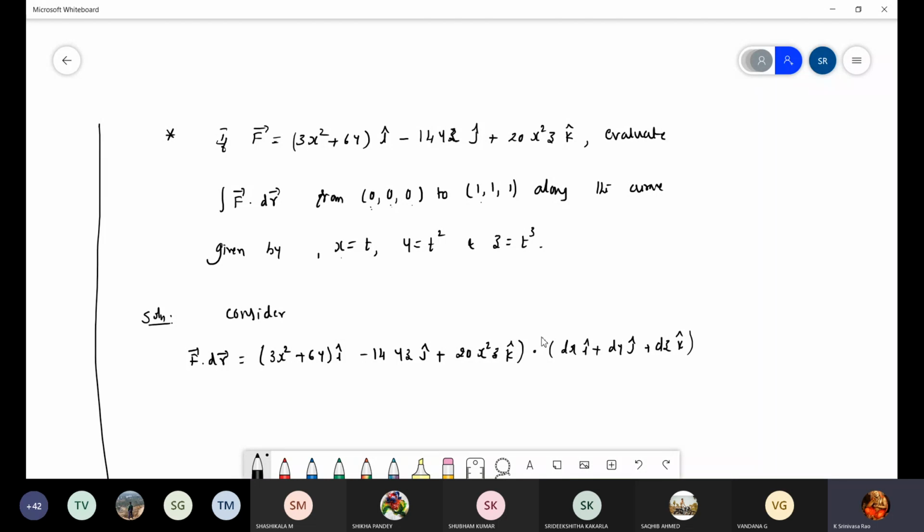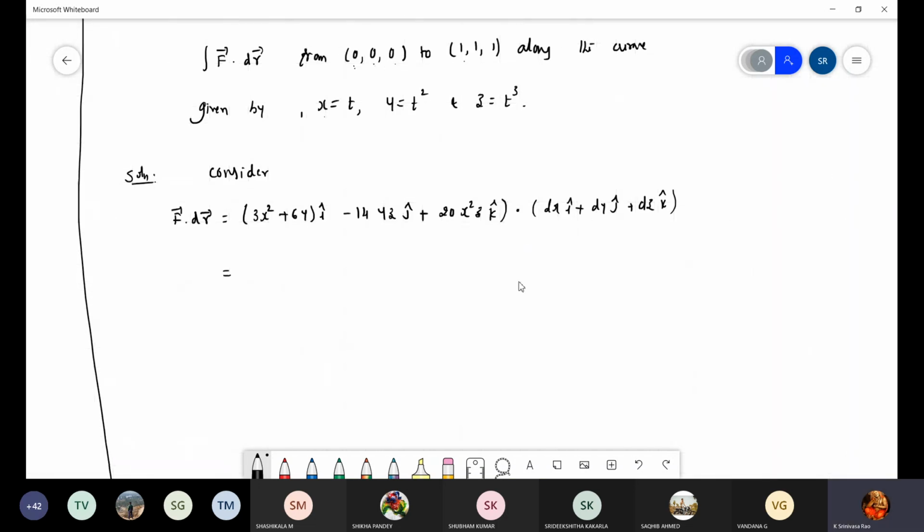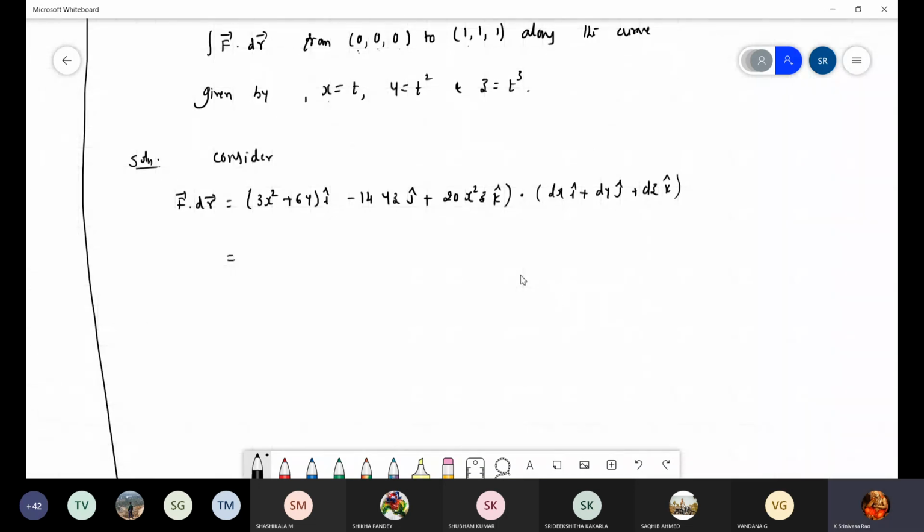What is the dot product? Calculate: 3x square plus 6y dx minus 14yz dy plus 20x square z dz.